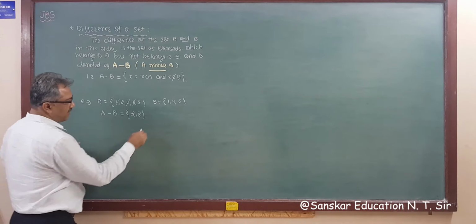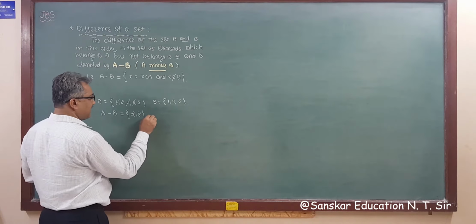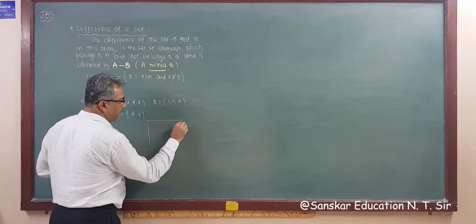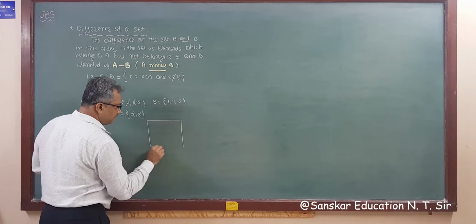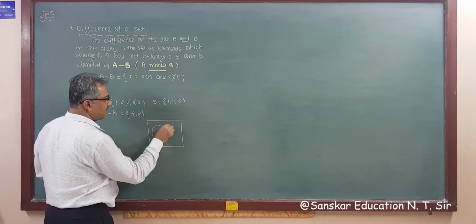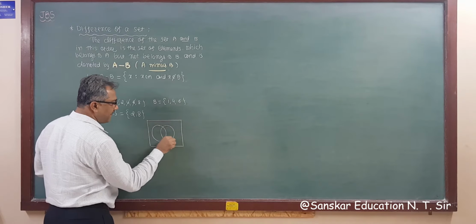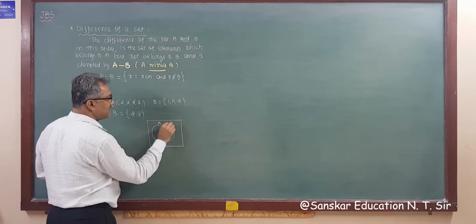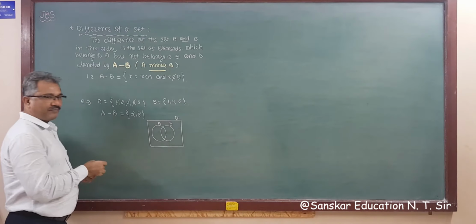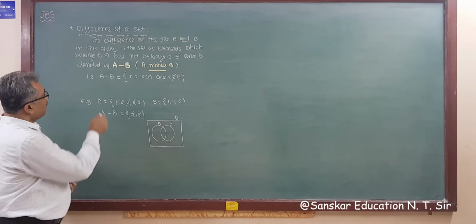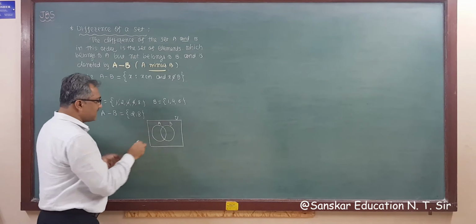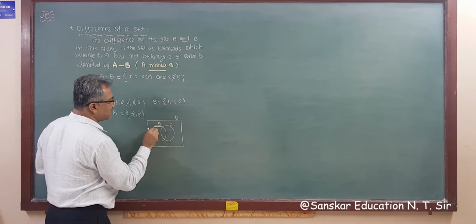Suppose you draw a Venn diagram of this A minus B. This is set A. Suppose this is set B. This is A, this is B, and this is your universal set U. The set of elements which are in A, so A is this set.